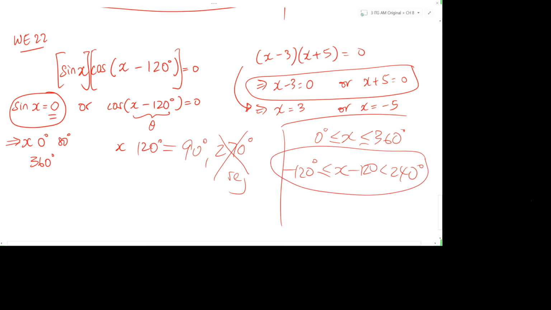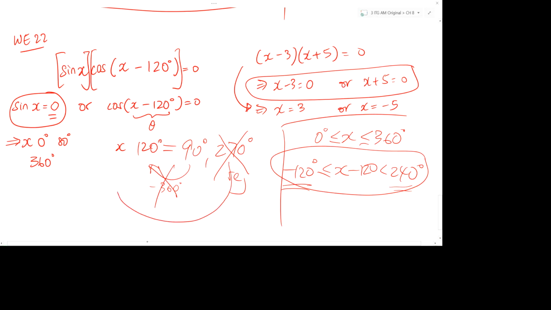Okay, hang on. From these two values, Chen is right that we have to reject 270 already because it falls outside the range. Now we have to consider minus 360 on this side, then we fall outside of the range, right? So ignore.